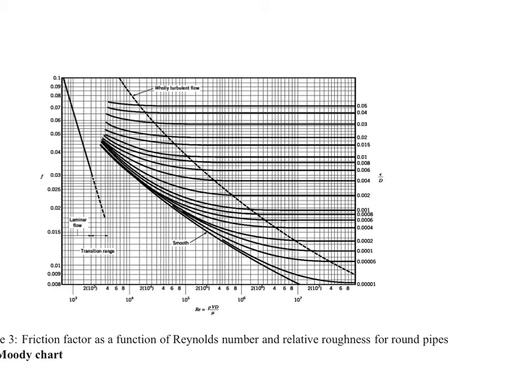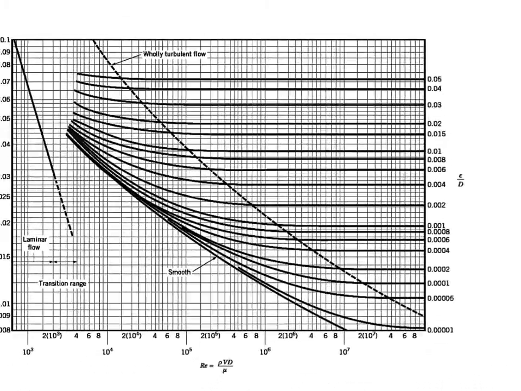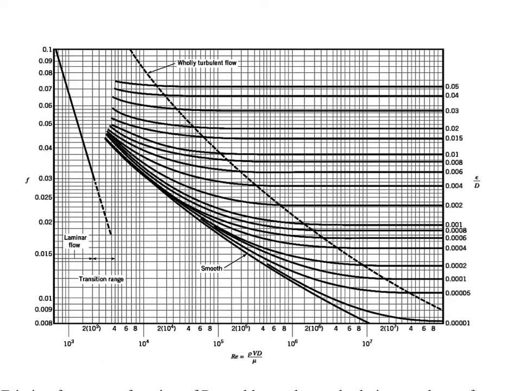One of the things that I want to mention here, that I've probably mentioned but I don't know for sure, is this. On your Moody diagram in your textbook, one of the key things over here is the relative roughness.